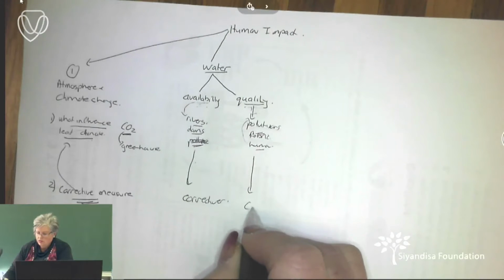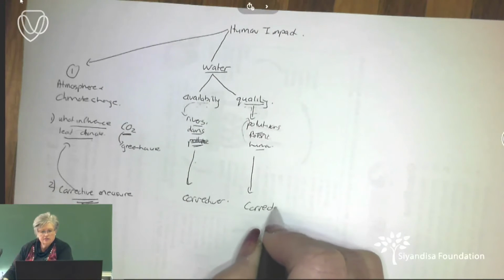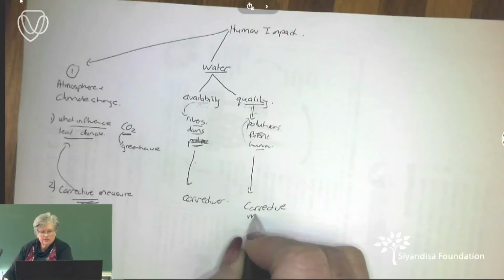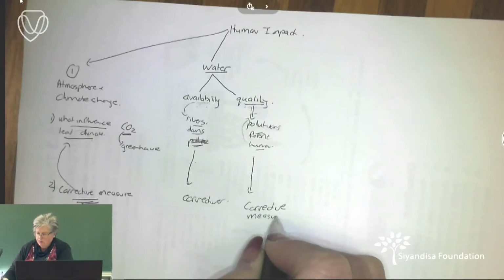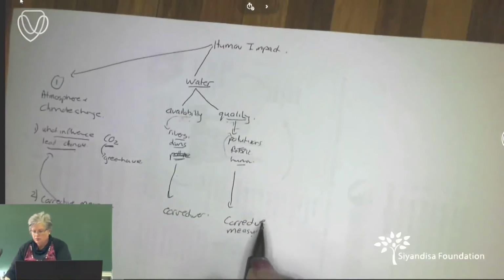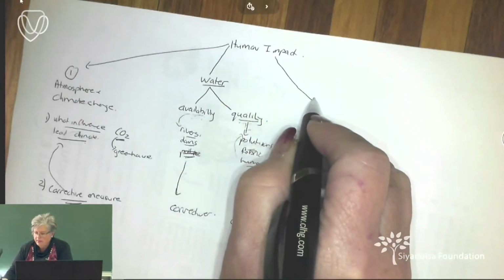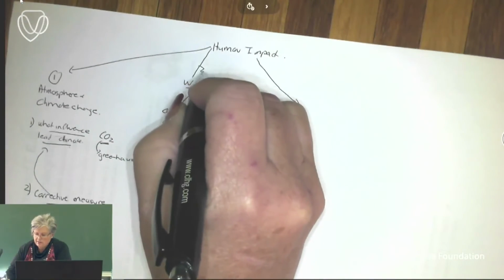And then you also need to know the corrective measures. Right? So that is what we need to know there. Then human impact, this is the second thing.